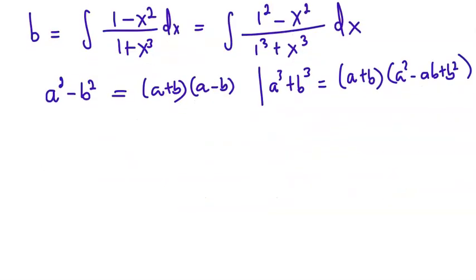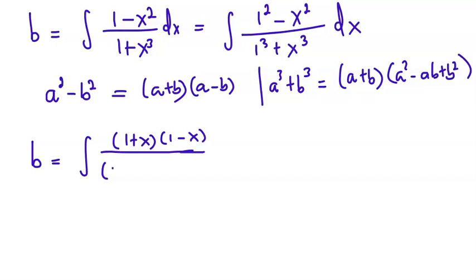So use these ideas. Our B will be equal to the integral. Up here we have 1 plus x multiplied by 1 minus x, divided by, down here, 1 plus x, into brackets, x squared minus x plus 1, right?